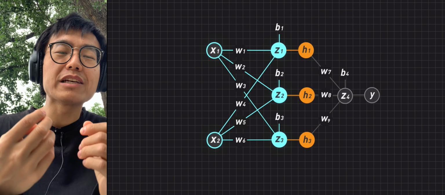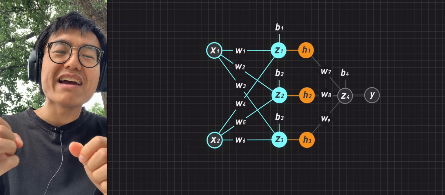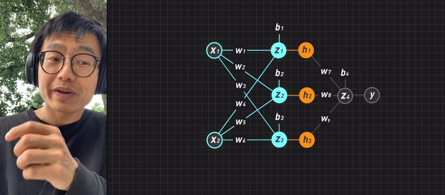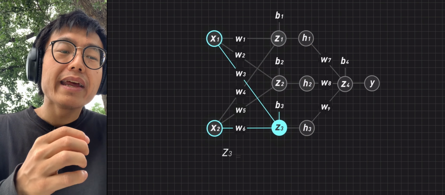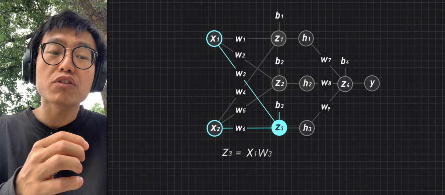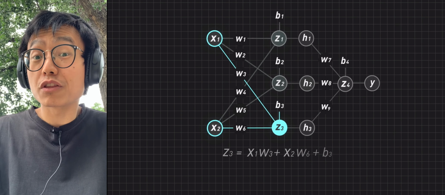Now, we can not only transform z1 and z2, but also let every point in the original space get the value of z3. z3 equals x1 times w3 plus x2 times w6 plus b3.